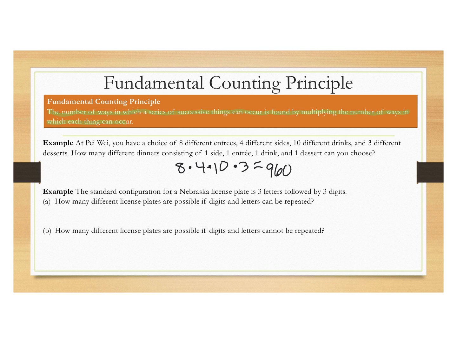Let's look at another one. The standard configuration for a Nebraska license plate is 3 letters followed by 3 digits. How many different license plates are possible if digits and letters can be repeated? So we're thinking we have 3 digits and 3 letters. Okay, so we know these are digits, these are letters.